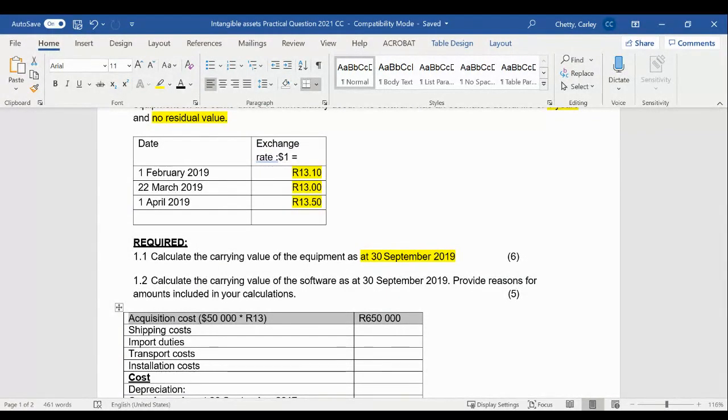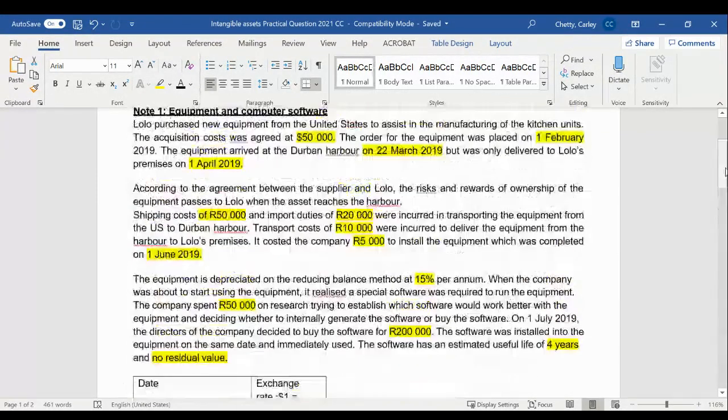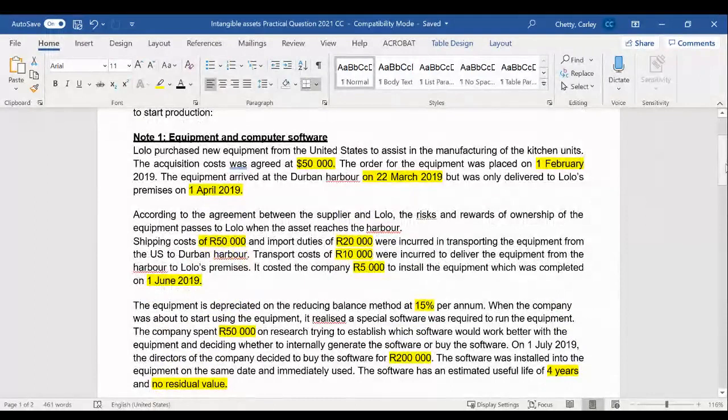Now we need to determine, are there any other amounts that we're going to include in the cost of this asset? So they told us that shipping costs were 50,000 rand. Are we going to include the shipping costs? Okay, yes, I agree. We are going to include the shipping costs in the cost of the equipment.